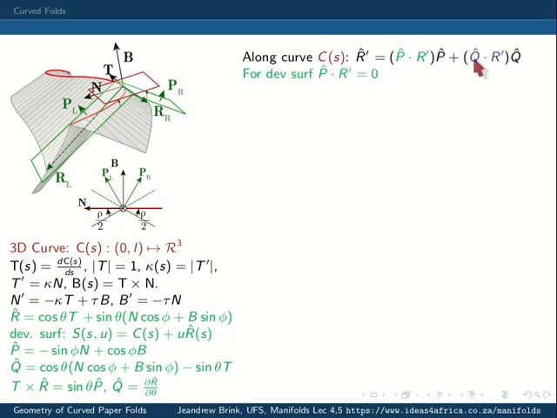And we then worked out what p dot r prime was and what q dot r prime was. And we showed that the condition for the developable surface immediately implied that p hat dot r prime was 0, and therefore that this identity held between the properties of the curve and phi prime.